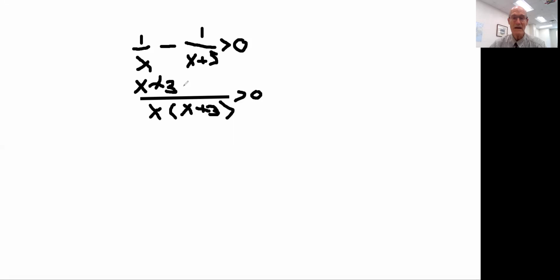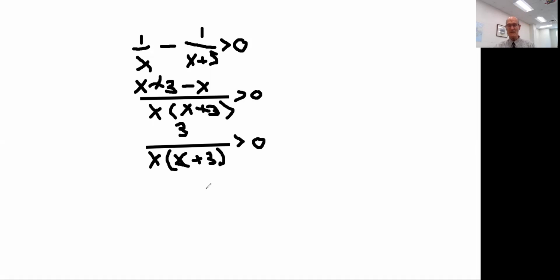And I've got to multiply the second one by x, so that's minus x. So what you notice here is that the x's cancel, so I end up with a 3 on the top and an x times x plus 3 on the bottom. And that's going to be greater than 0.